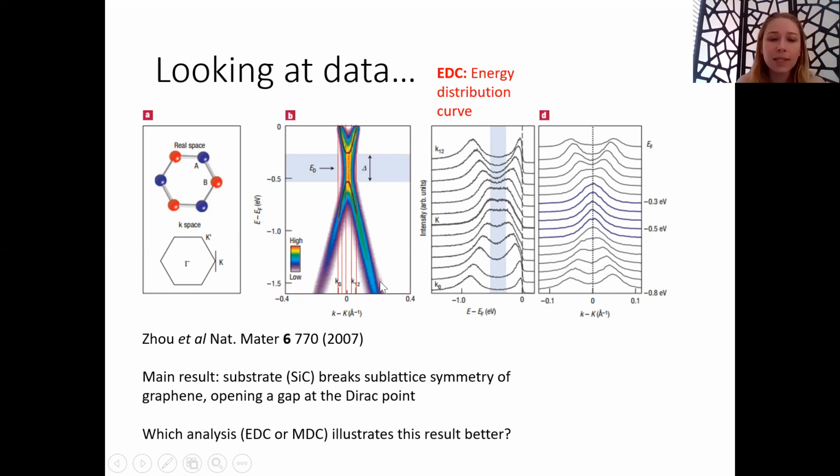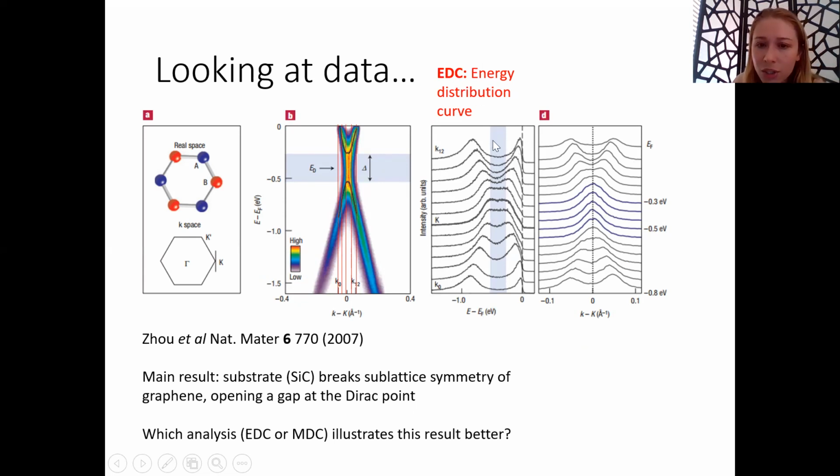One way of slicing up ARPES data is to sit at constant momentum and look at intensity as a function of energy. This is called an energy distribution curve, or EDC, and that is what is shown in the panel right below the words EDC.